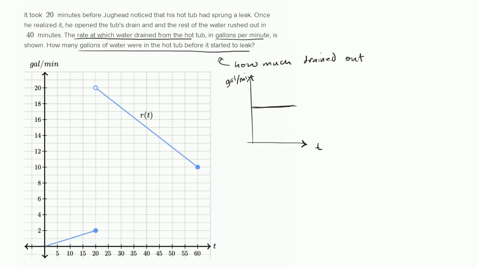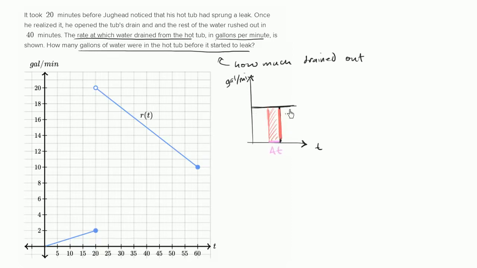If you wanted to figure out how much drains out over a certain interval of time, let's call that delta t, you would just multiply the rate over that interval of time, which we could represent by this orange height, times the amount of time that passed by, which essentially would give you the area under the curve over that interval. This area would tell you the gallons that drained over that delta t.